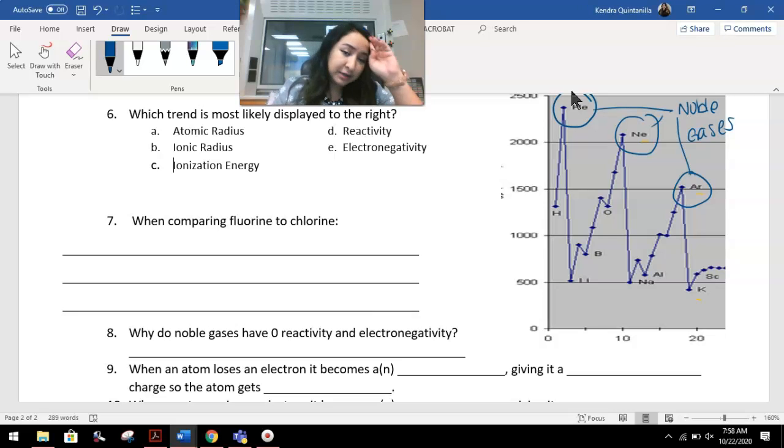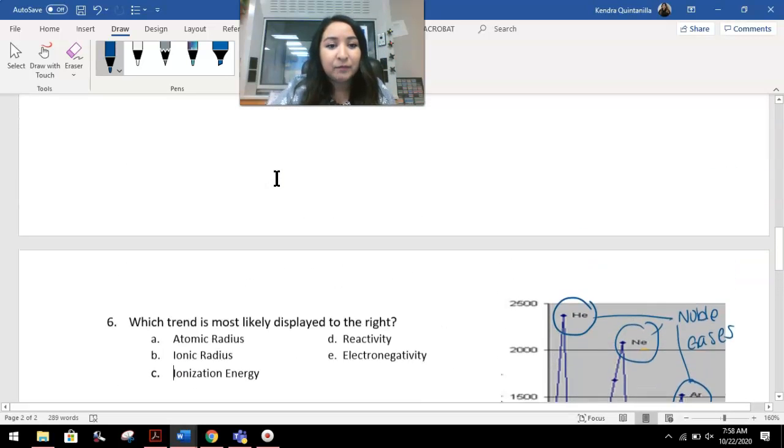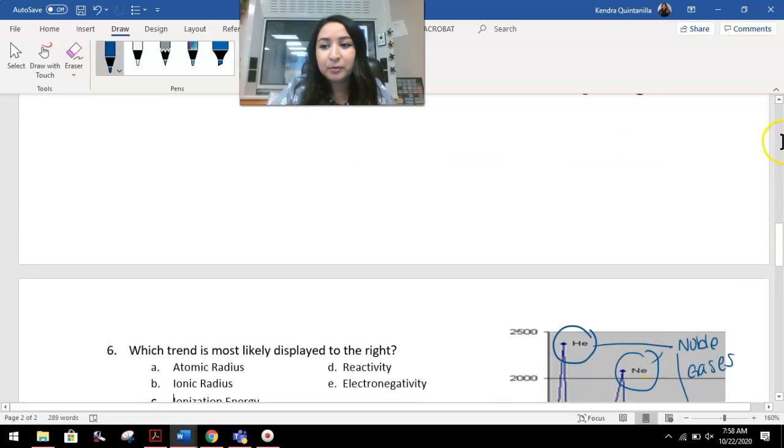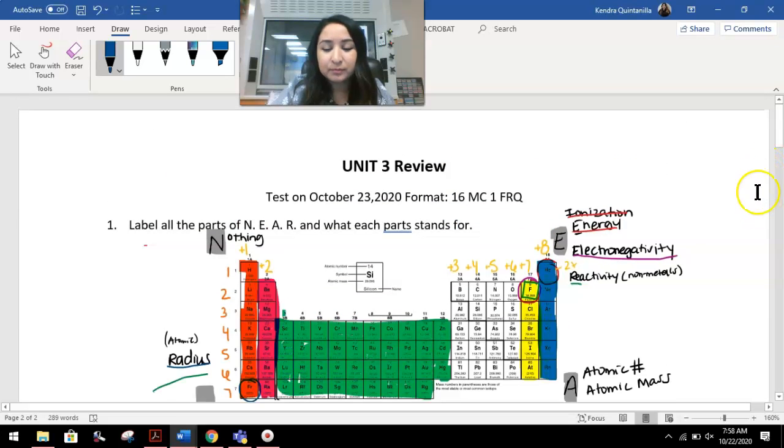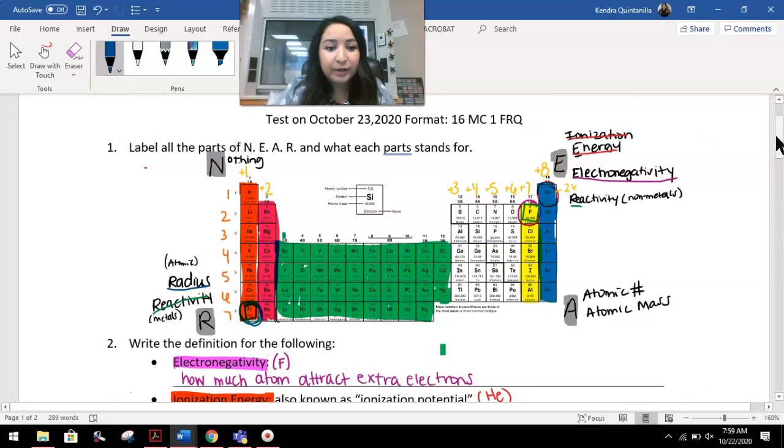So let's look at atomic radius. We're going to go through each one of these. Atomic radius is the size of an atom. If we scroll up to the periodic table, there you go. For ours, radius was down here by francium. So francium actually has the largest radius, and we know the trend increases as we go down the periodic table to the left.